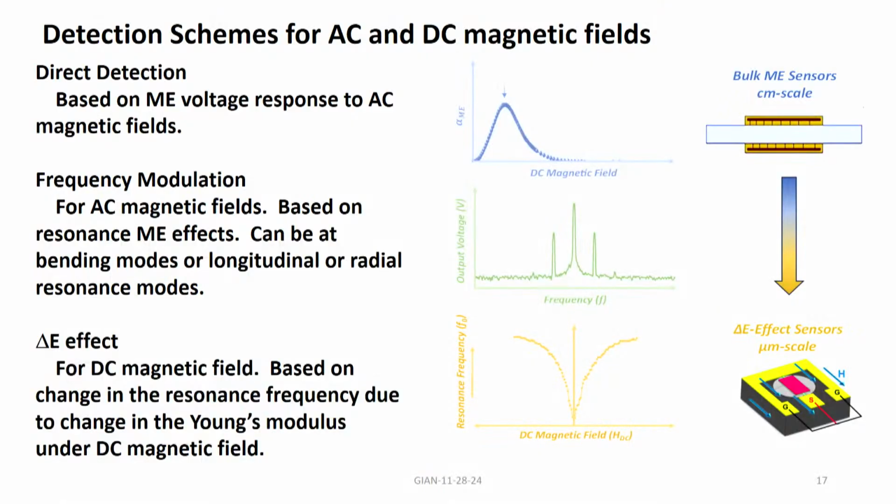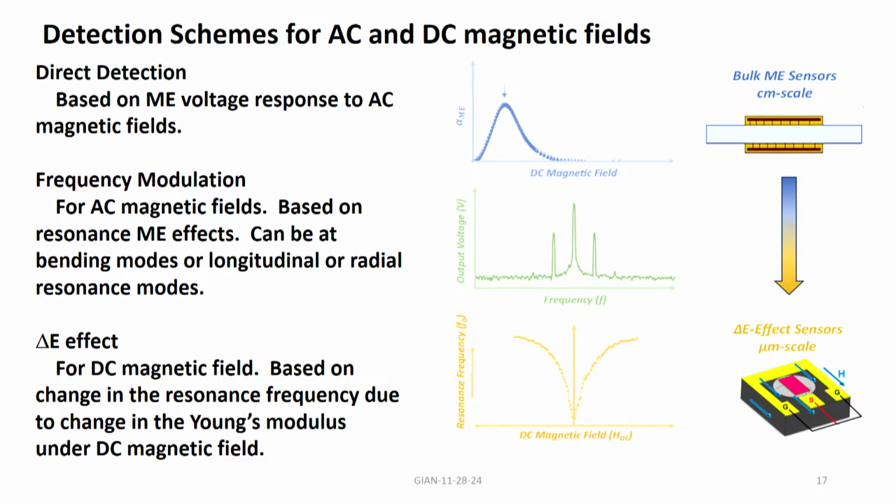And so, how do you detect a magnetic field with our magnetoelectric sensors? You have to detect both AC and DC, correct? So, for measuring the AC magnetic field, you can put together a composite and then measure the magnetoelectric voltage coefficient under a DC magnetic field.